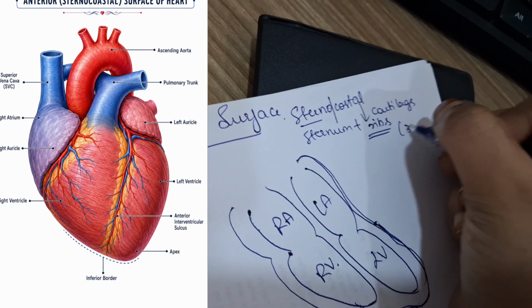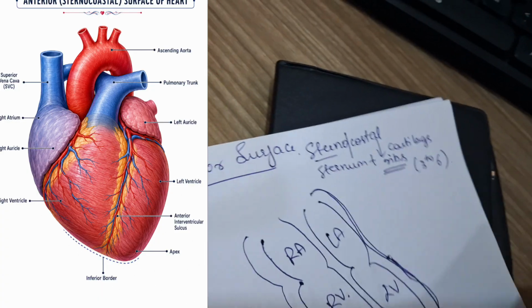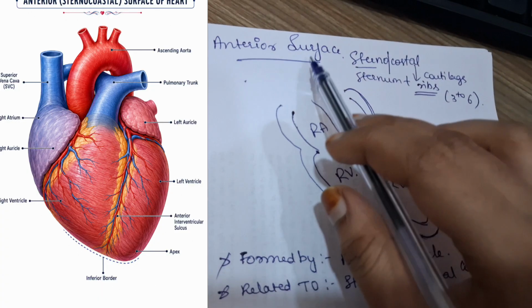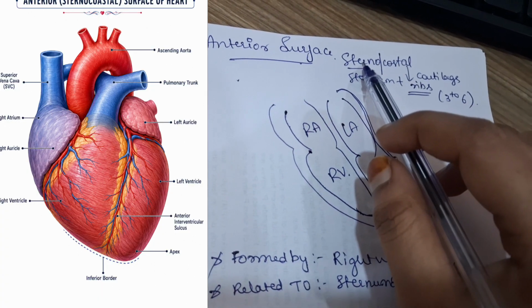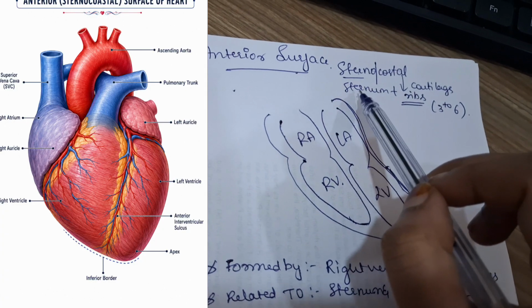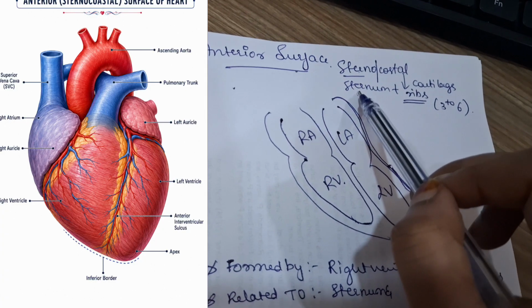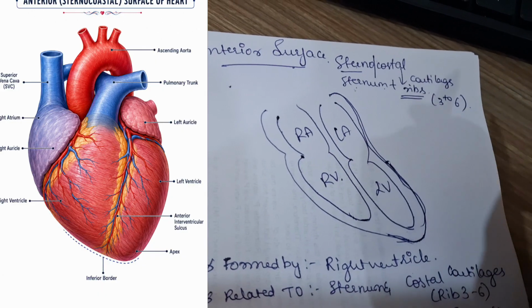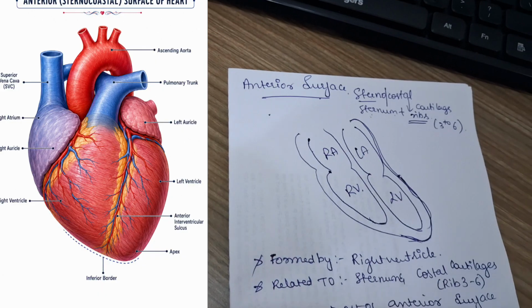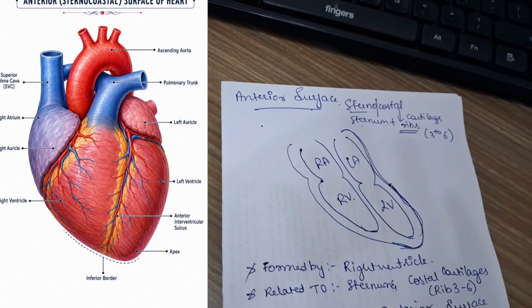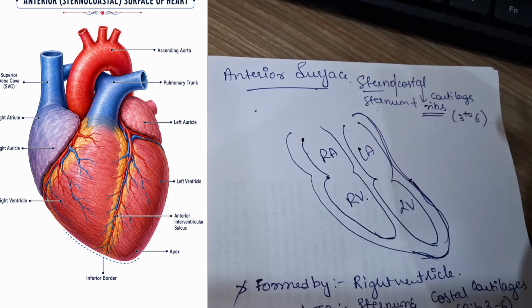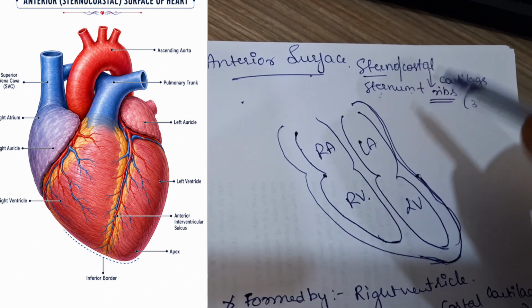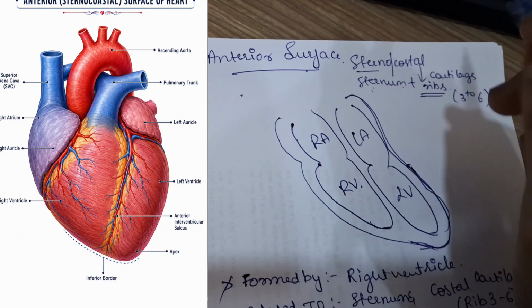Ribs from 3rd to 6th rib. So the anterior surface, also called the sternocostal surface, is mainly formed by the sternum and costal cartilages, that means ribs from 3rd to 6th, or intercostal means in between the ribs, not intercostal space. It is mainly situated in the ribs from 3rd to 6th rib.